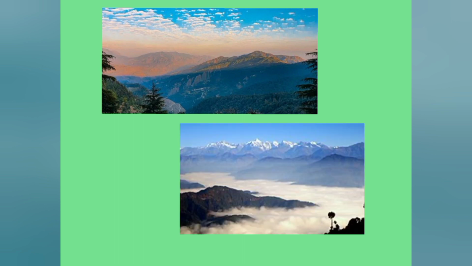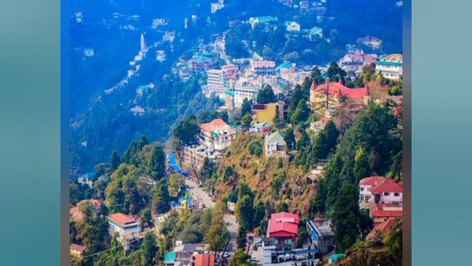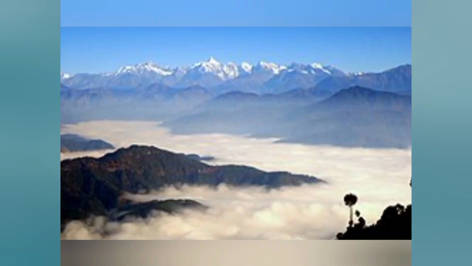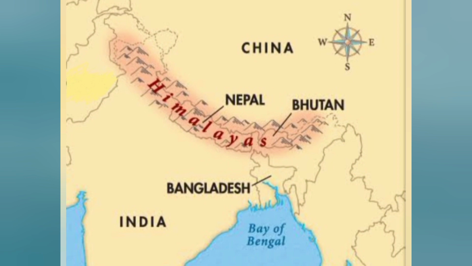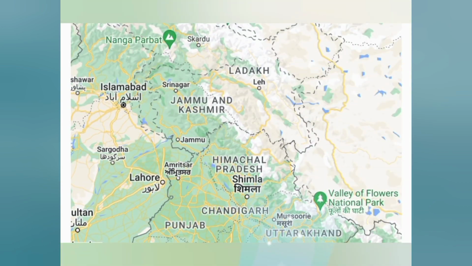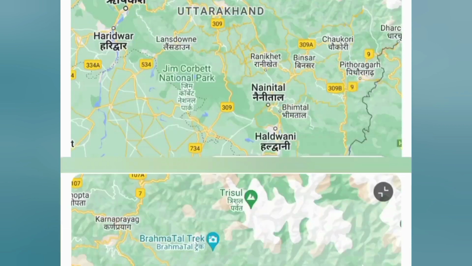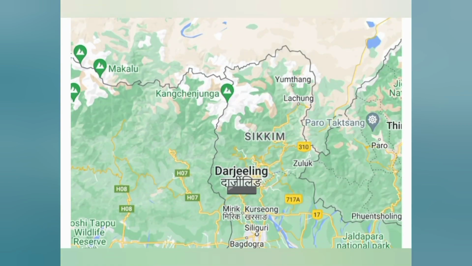Some of the important hill stations situated between 1,500 to 2,000 meters above the mean sea level in the Middle Himalayas are Mussoorie, Nainital, Chakrata, and Ranikhet. On the whole, the Middle Himalayan ranges are less hostile and more friendly to human contact. The majority of Himalayan resorts like Shimla, Mussoorie, Ranikhet, Nainital, Almora, and Darjeeling are located in the Middle Himalayas.